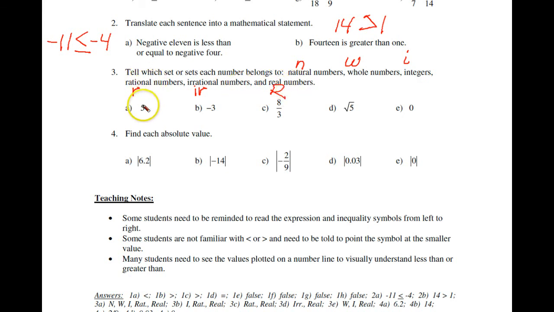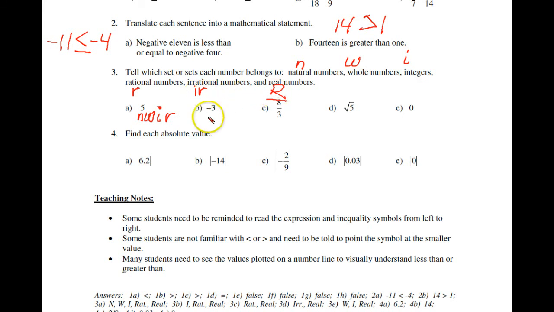Now, as we look at these numbers, all of them are real numbers because they're all on the number line. But 5 is a natural number. It's a whole number. It's an integer. It's rational.